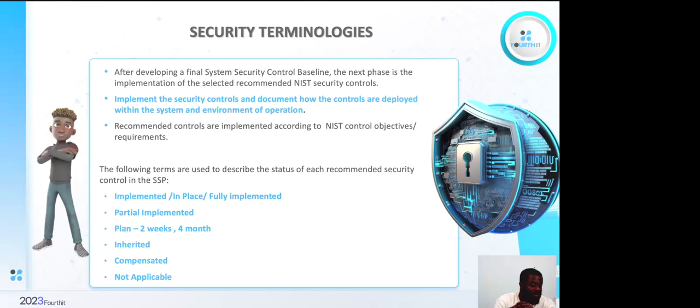Or you have done A, B, C, but under C you didn't do B and D. Then you see that there's a problem. Then that's partially implemented. And fully implemented, as she said, you have everything done. Any questions on these?